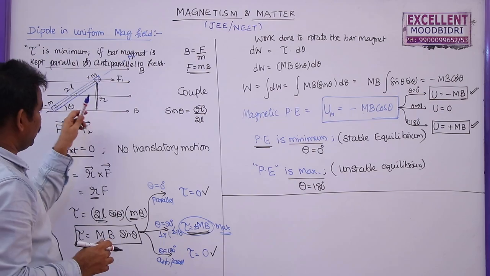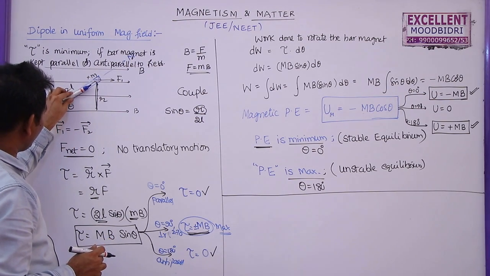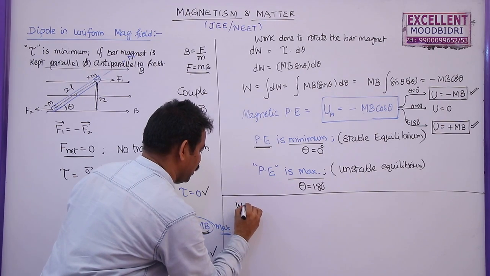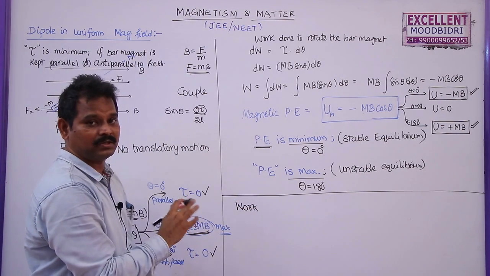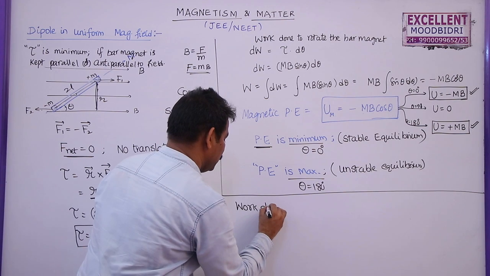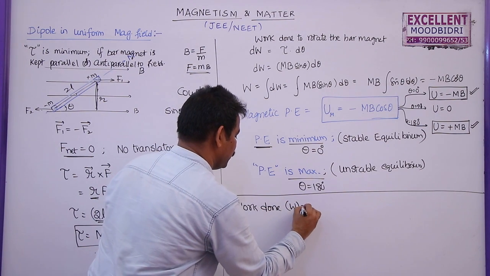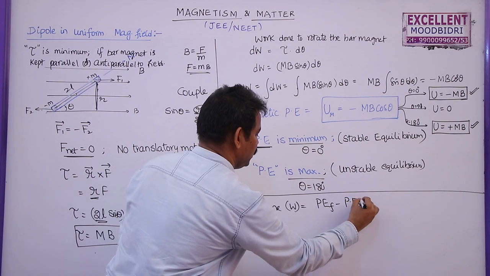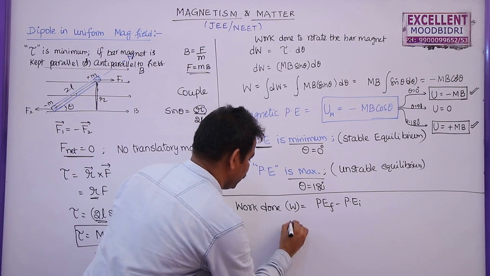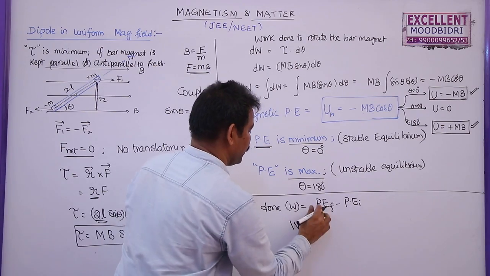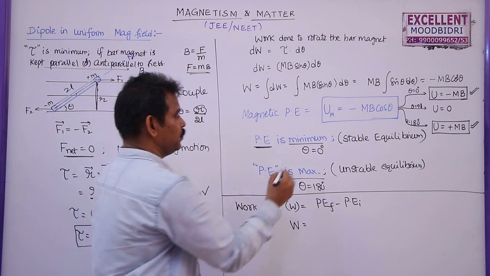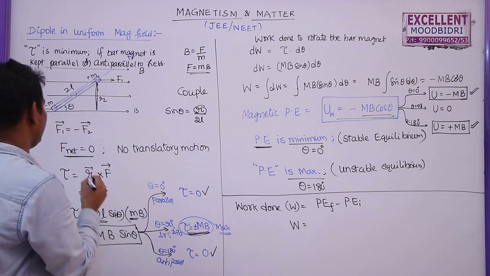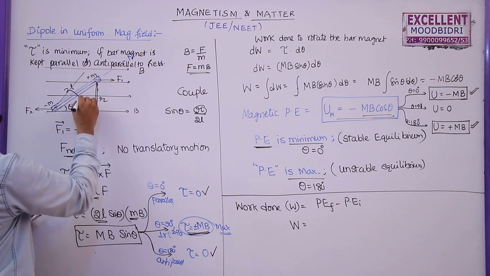What is the work done to rotate the dipole from one given angle to another given angle? The work done is equal to the difference between potential energies. So work done W is given by PE final minus PE initial. PE is equal to minus mB cos theta. Let us say I am rotating this from theta 1 to theta 2.